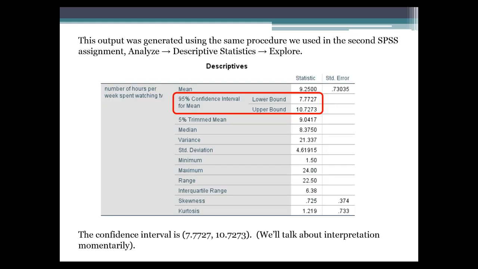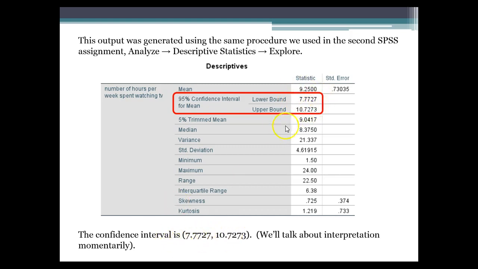All right. This output comes from SPSS using the explore function, which you've seen before. For the number of hours per week spent watching TV, they give us the lower bound and the upper bound. So this is how you'd write it.